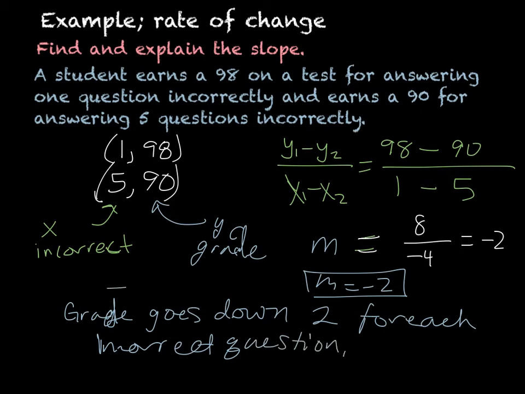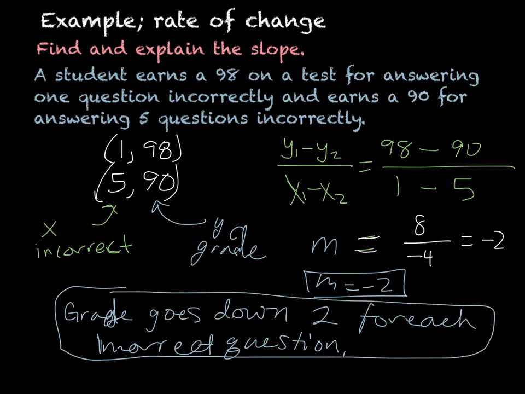Okay, so you get 1 wrong, you get a 98. You get 2 wrong, you get a 96. So it just keeps going down 2. So that would be negative 2. And that would be your explanation, your slope, and then your explanation.